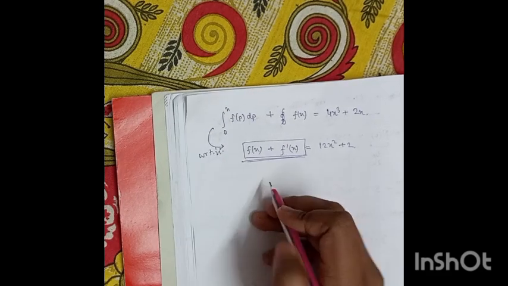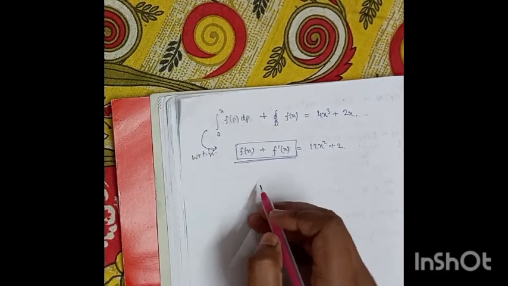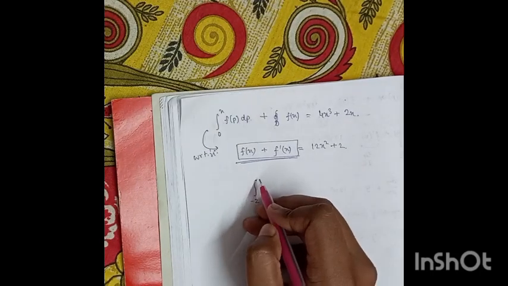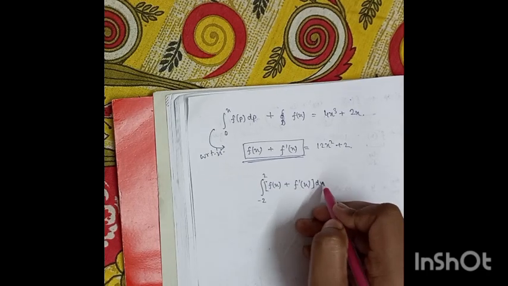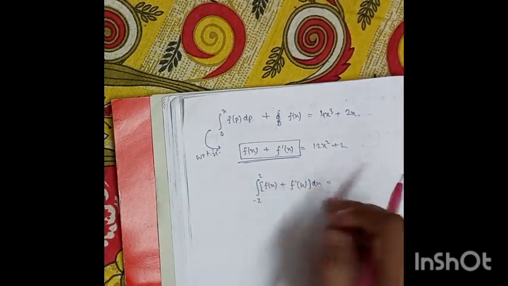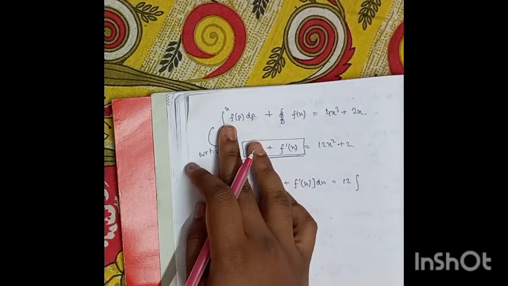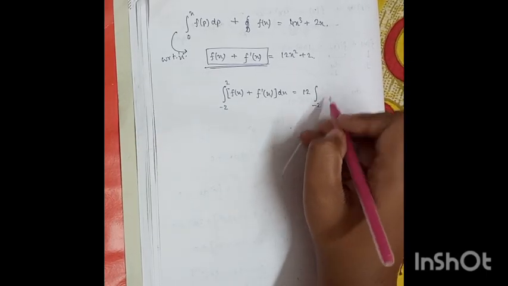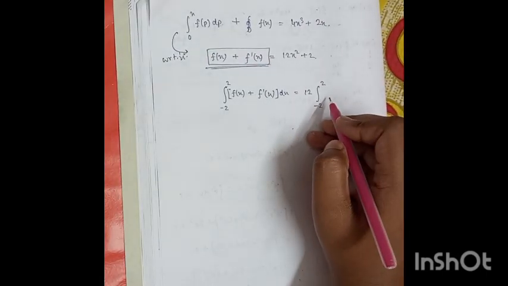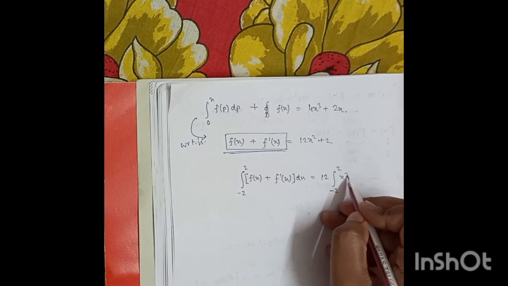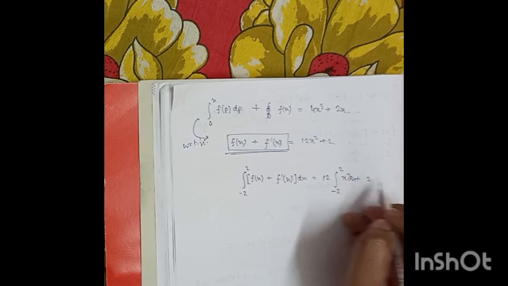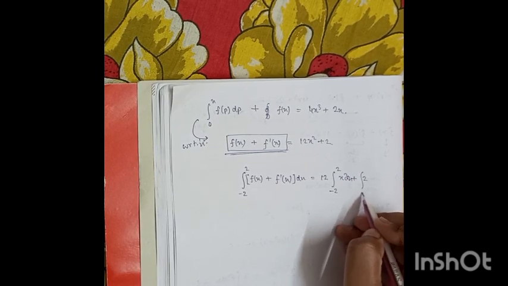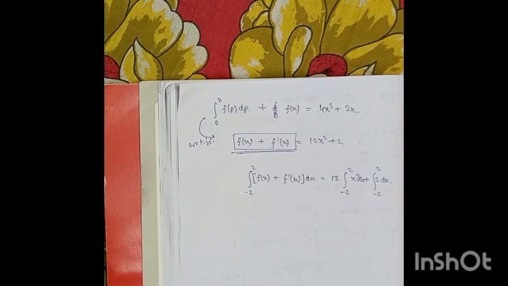In the question we are required to find the value of integral from minus 2 to 2 of f(x) plus f dash x into dx. That will be equal to 12 times integral from minus 2 to 2 of x square dx, plus integral 2 dx from minus 2 to 2.